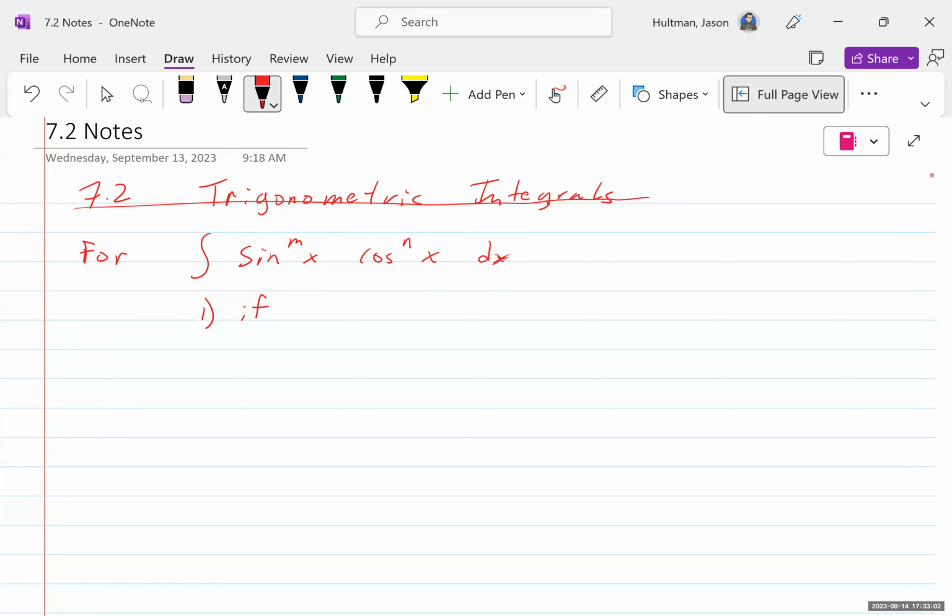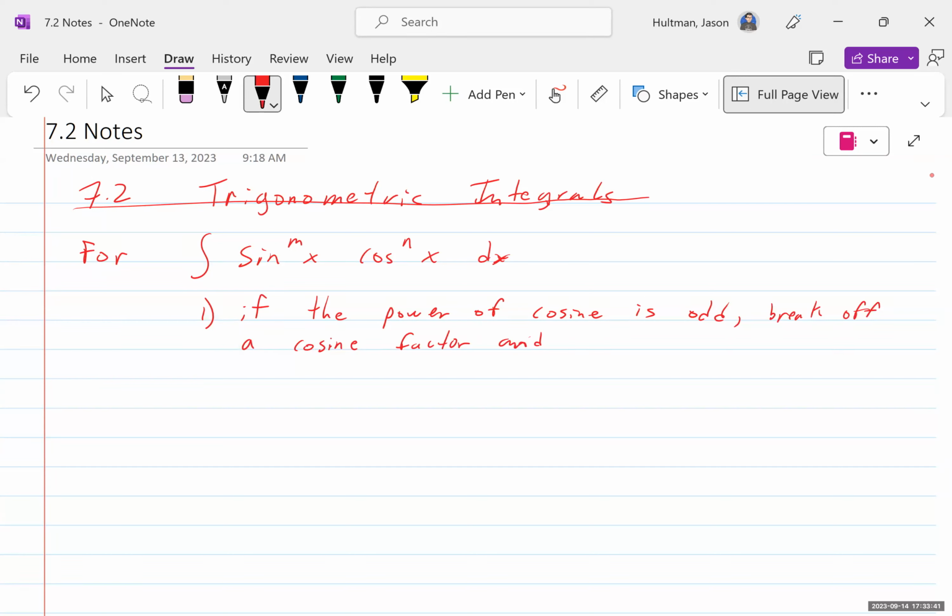Number 1: if the power of cosine is odd, break off a cosine factor and then change all the cosines to sines using 1 minus sine squared x.